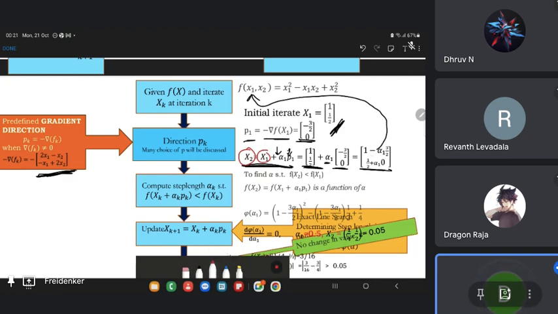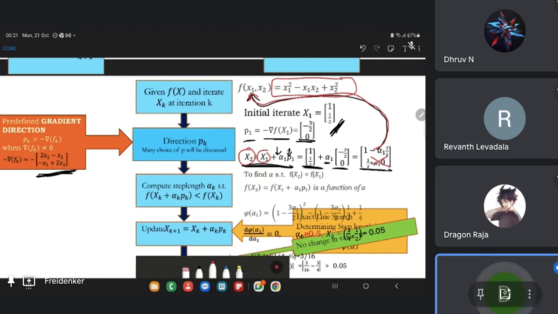If your X2 is in terms of alpha, and you substitute this point in this one, x1 is nothing but 1 minus alpha 1 times 3 by 2, and x2 is nothing but 1 by 2, since the other term is gone. So if you substitute that, you will get x1 squared minus x1 x2 plus x2 squared.